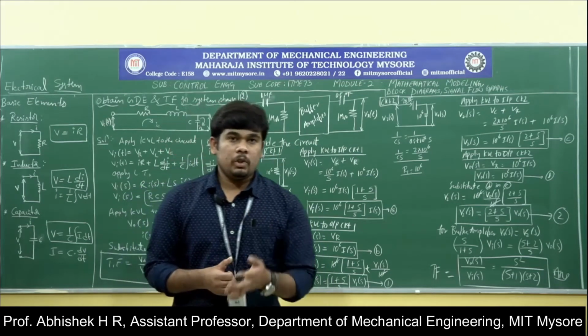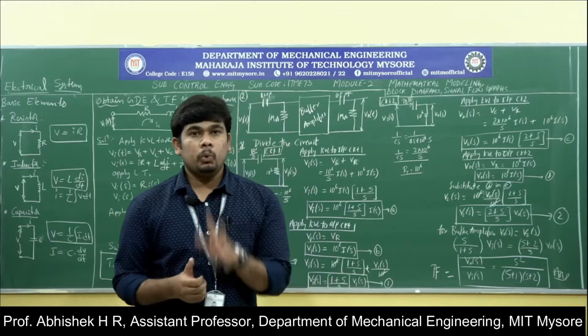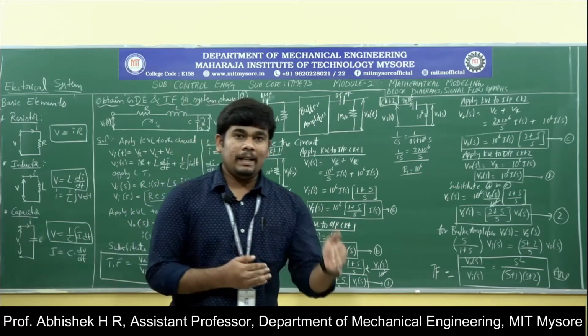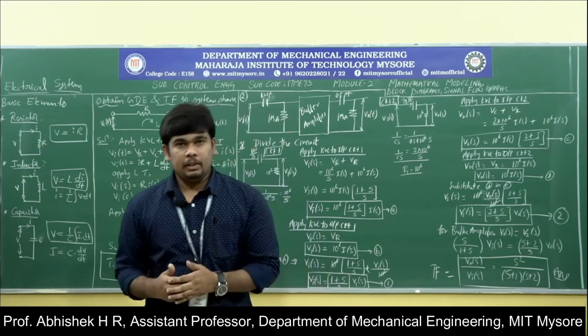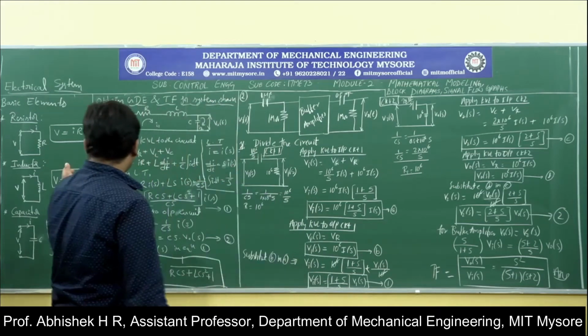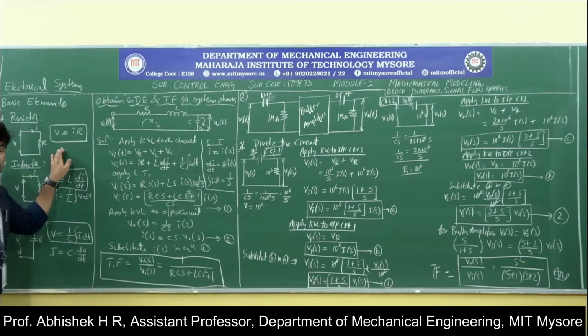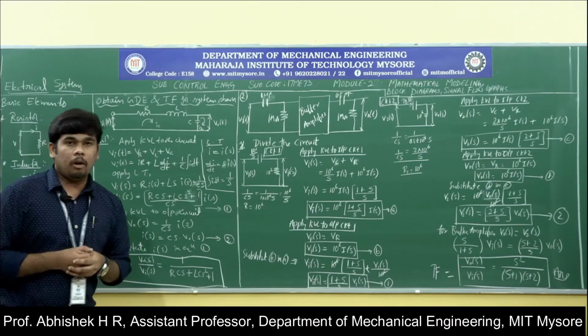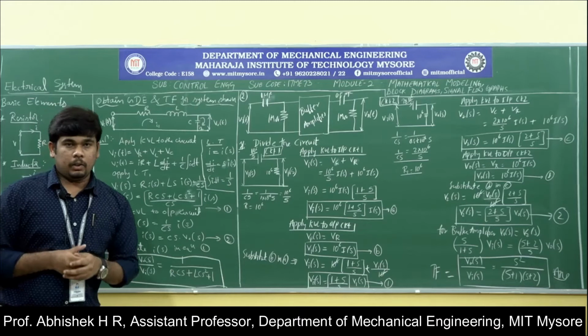And also Kirchhoff's law. In Kirchhoff's law we have two types, Kirchhoff's current law and Kirchhoff's voltage law. Coming to the electrical system, as per our syllabus, the basic elements of electrical systems are resistor, inductor and capacitor. A resistor regulates the flow of current in a circuit.